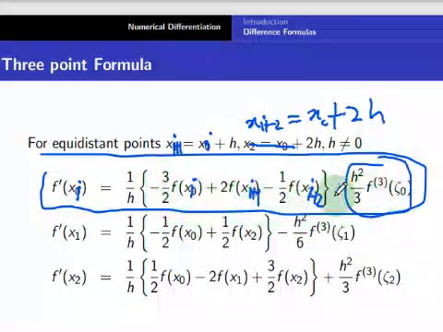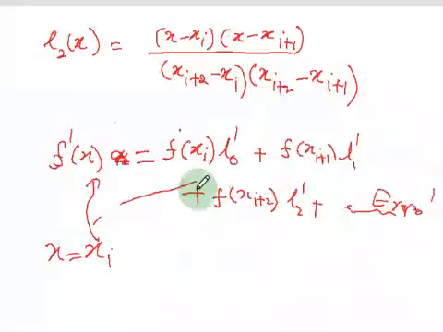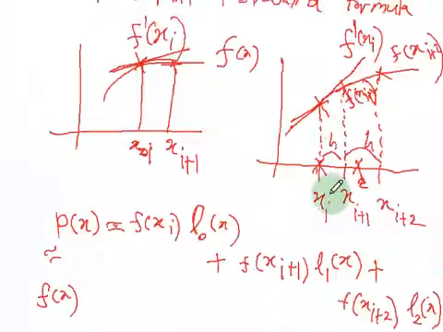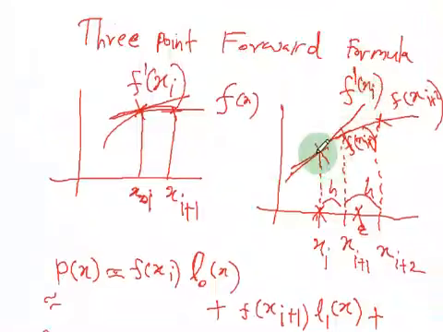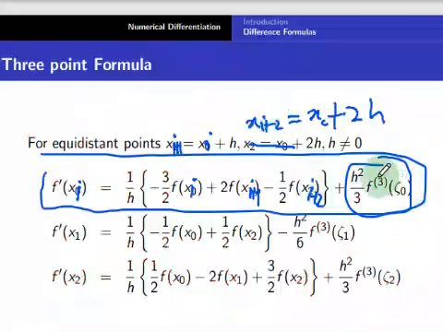You can see that when you approximate this by using 3 points in front, you get this error. That means the error is second order, order 2, right?